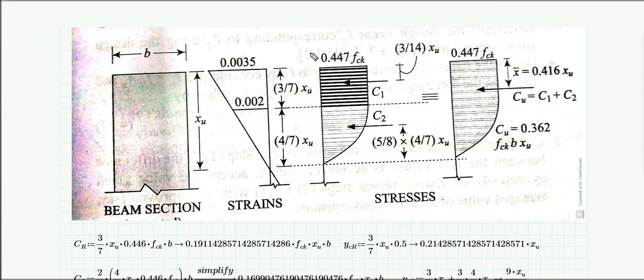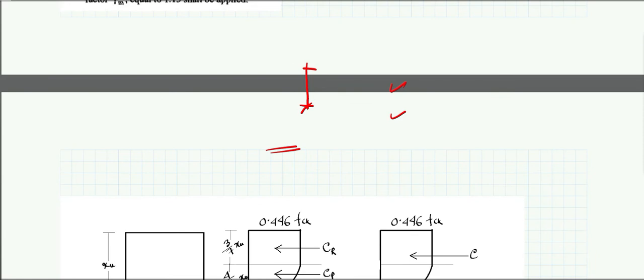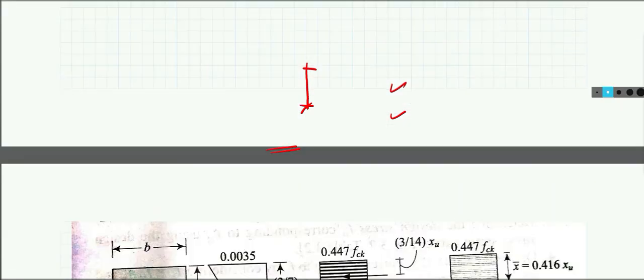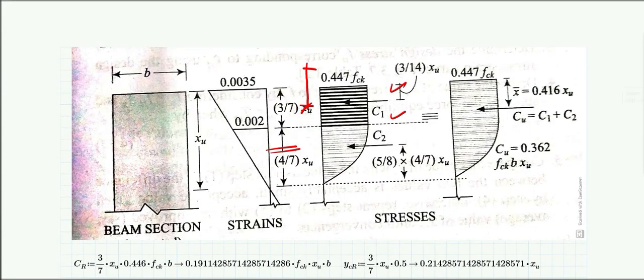Now, as we have got the depth of the rectangular portion as 3 by 7 xu and the depth of the parabolic section as 4 by 7 xu, we can find the areas and the values of C1 and C2, or what we have seen here, CR or CP. Let's see the calculation.